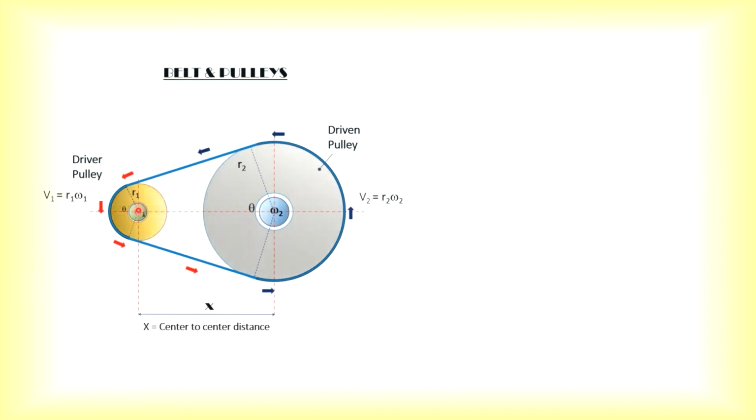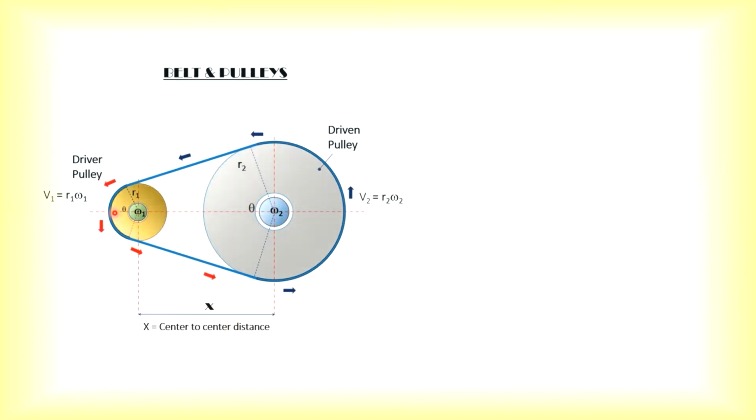From the center of the first pulley to the center of the second pulley, the distance between them is called the center to center distance, usually denoted by the symbol X. So what you need to know is that for the driver pulley and driven pulley, the tangential speed of both should be the same even though they are running at different speeds, and then the center to center distance X.